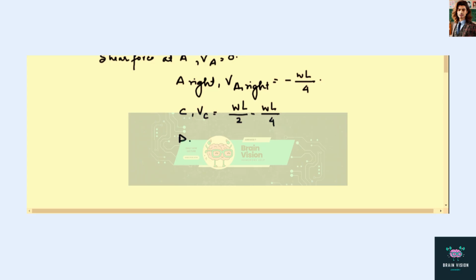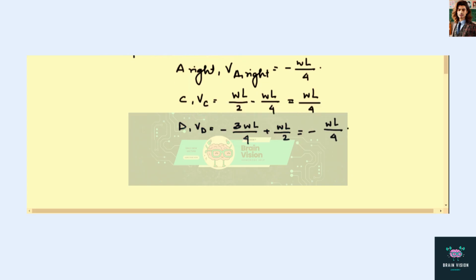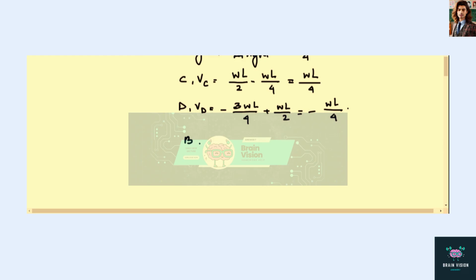Shear force at D, that is VD, is equal to WL upon 4. Shear force at D right is minus 3WL upon 4 plus WL upon 2, that is minus WL upon 4, and the shear force at B is minus WL plus WL upon 2 plus WL upon 2. This is equal to 0.